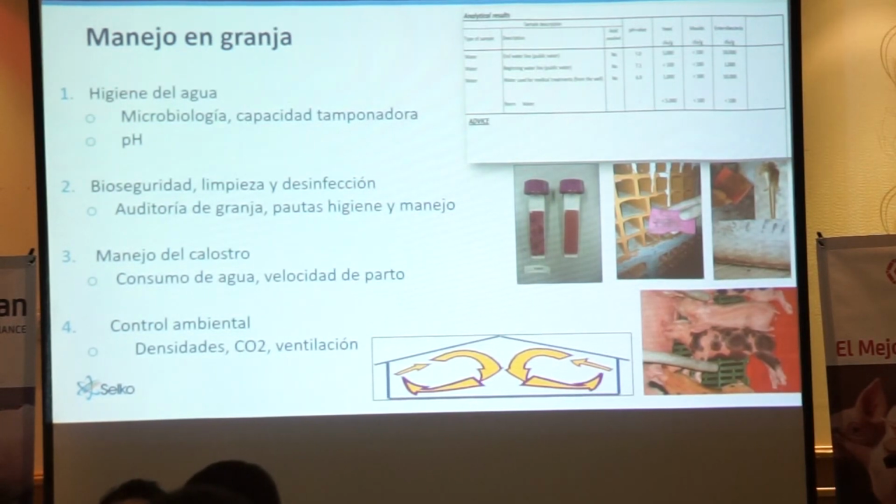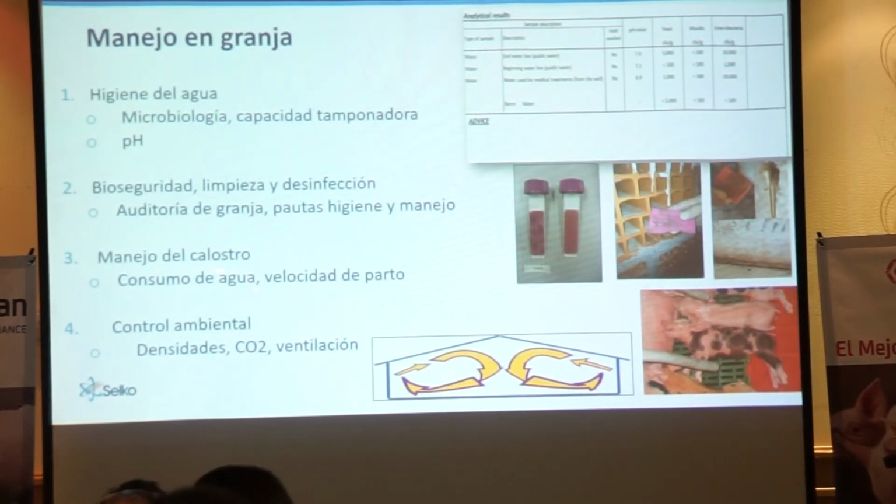Colostrum management, consumption of the water from the sow, and the speed of the parts, the parturition. The temperature in the house, the climate circumstances, CO2 level, ventilation, airspeed, you can analyze it all.